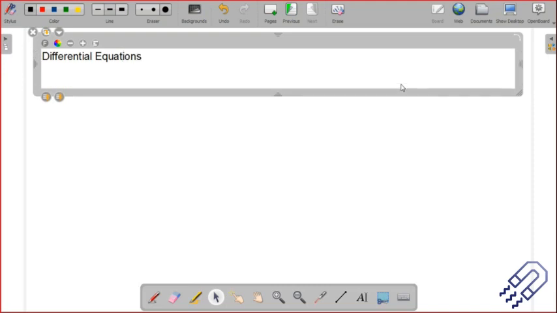Let me just write down. When you write down an equation, it will basically contain independent and dependent parameters.